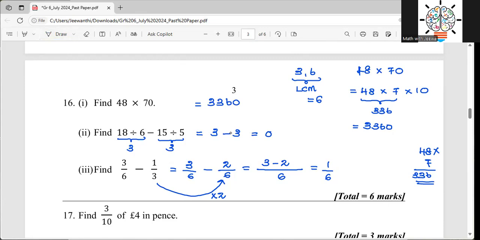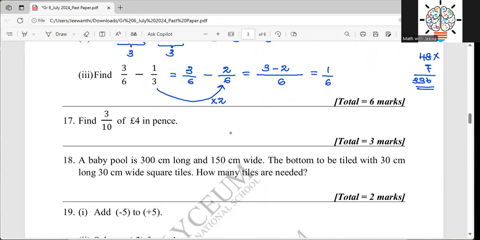Correct. Then the next one, you want to find 3 over 10th of 4 pounds. First of all, we want to understand that 1 pound is equal to 100 pence, right? So 4 pounds should be equal to 400 pence. First you write down the relationship. So we have 3 over 10 of, and then we have the pounds.